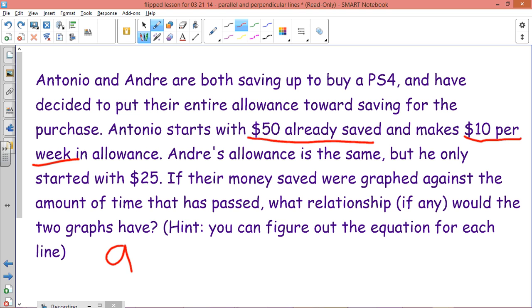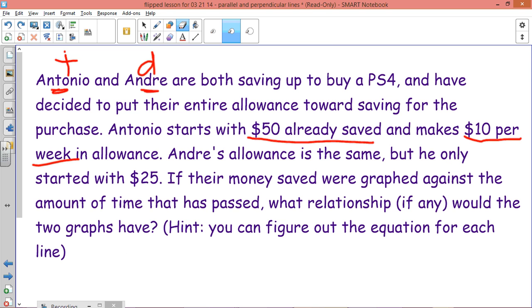I can't actually use A, so let's use T for Antonio, because there's a T there, and D for Andre. There's a D there. So I'm going to write my equation before I even finish reading the question, because it's so easy to do. $50 already saved and $10 per week.